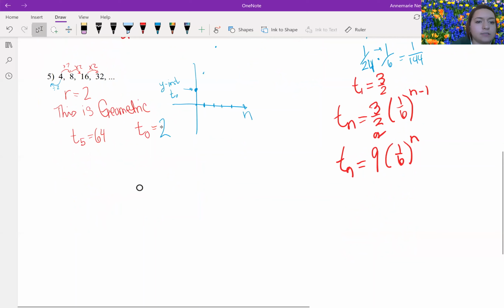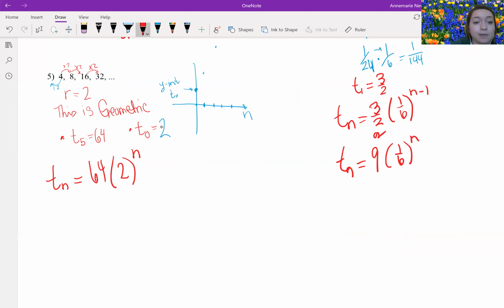And number 5, last one, this is geometric, so I need to have my exponent type of formula. Let's write it with the 5th and the 0th. T sub n is equal to 64 times my common ratio, which is 2, raised to the n minus 5th power, because I used the 5th term.